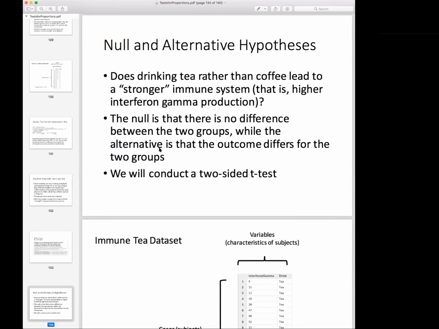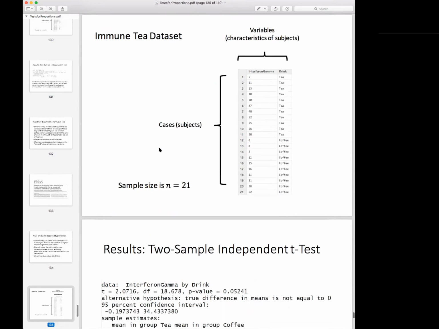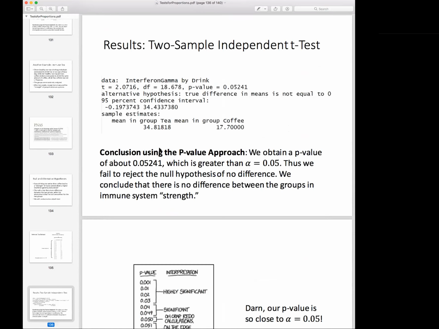So the null hypothesis will be that there's no difference in interferon gamma production between the two groups' immune systems, and the alternate will be that there is a difference. We can look here, sample size 21, and the result of our 2-sample independent t-test is that the p-value is equal to 0.052.